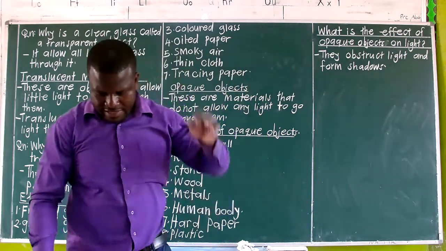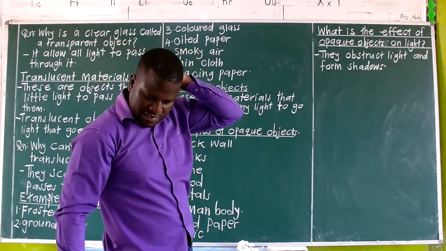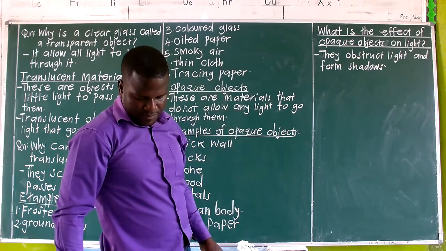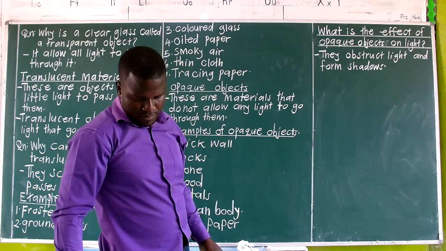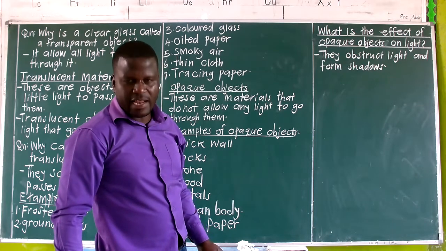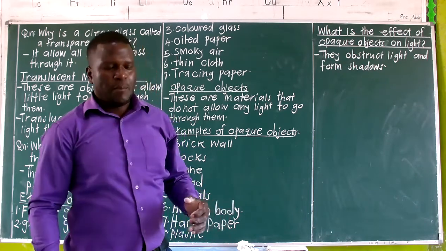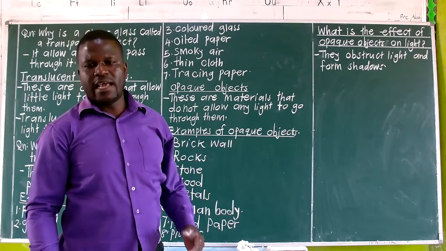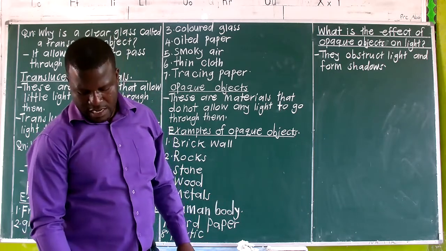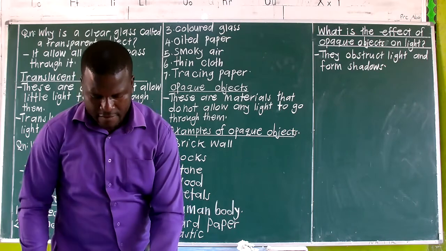They obstruct light and form shadows. That's the effect. They obstruct light. In other words, they prevent light from passing through them, and when light is obstructed, a shadow will be formed.